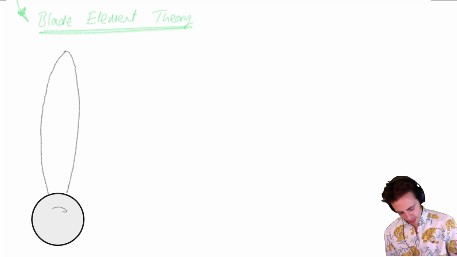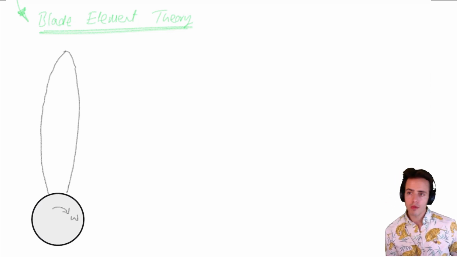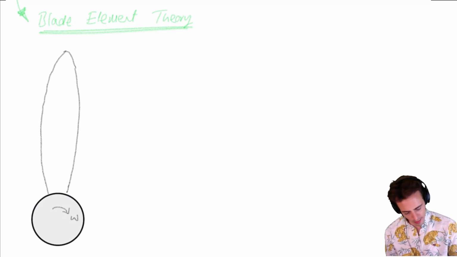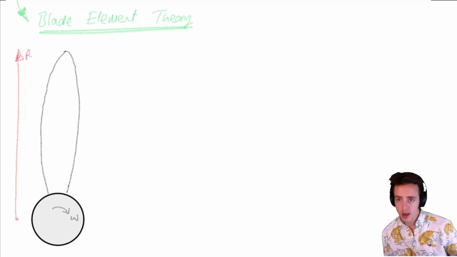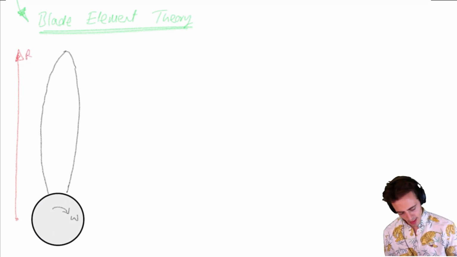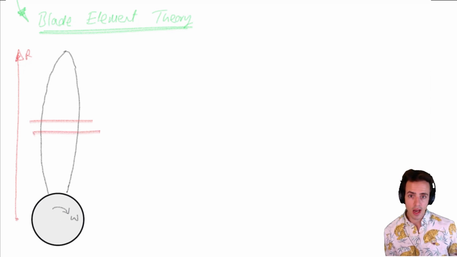We've got our rotational speed defined in radians per second, and we've then got some ordinates we can define from the center of rotation up to the very tip. This defines radius. We're then going to look at a blade element, a finite slice through this blade.